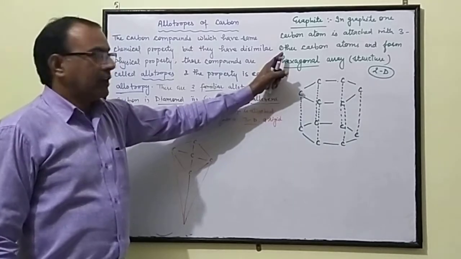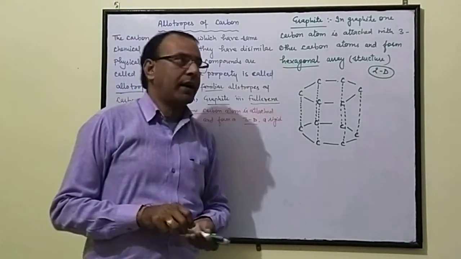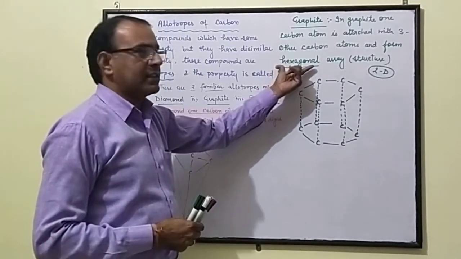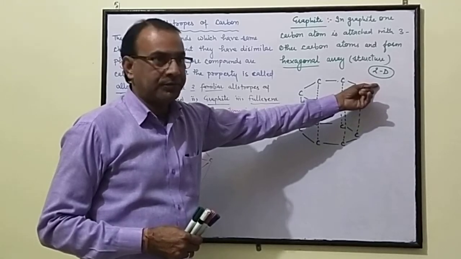You can see that in graphite 1 carbon atom is attached with 3 other carbon atoms and produces a hexagonal structure of 2D, 2 dimensional, not 3D.